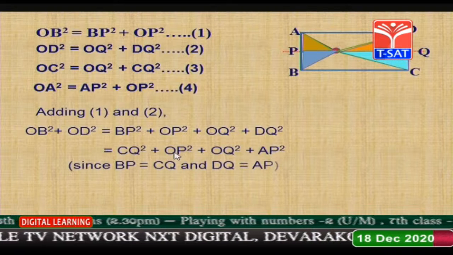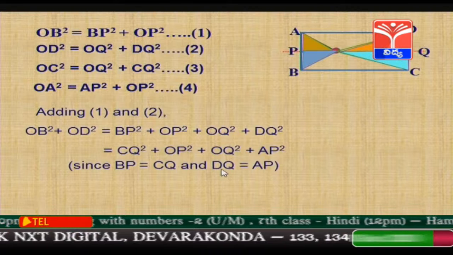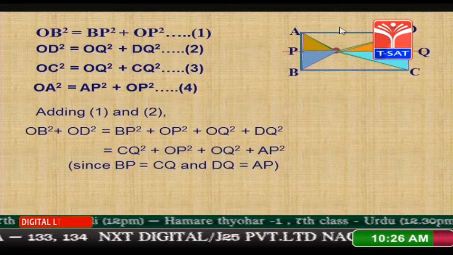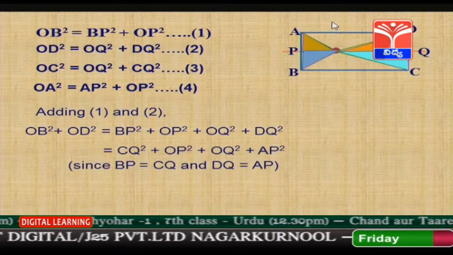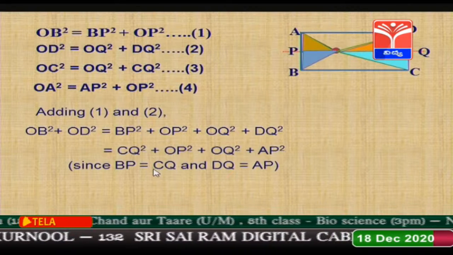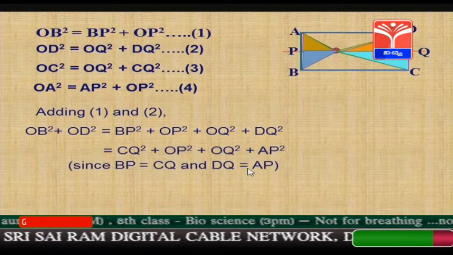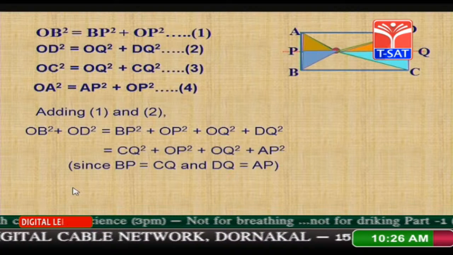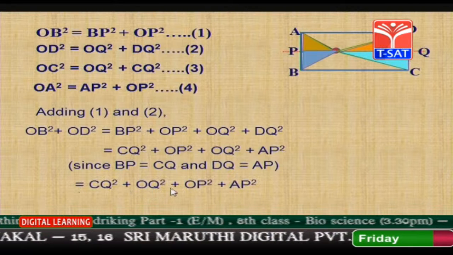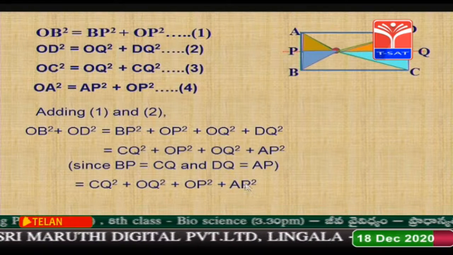Since BP is equal to CQ and DQ is equal to AP, because these are opposite sides of the rectangle, we write BP as CQ and DQ as AP. Now, it became CQ square plus OQ square plus OP square plus AP square.